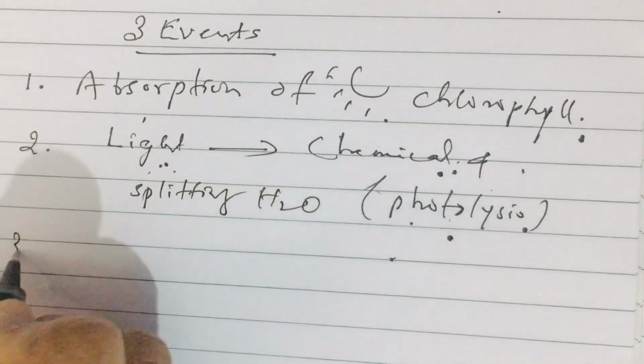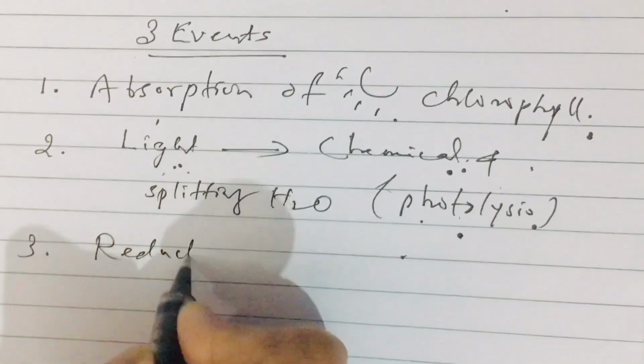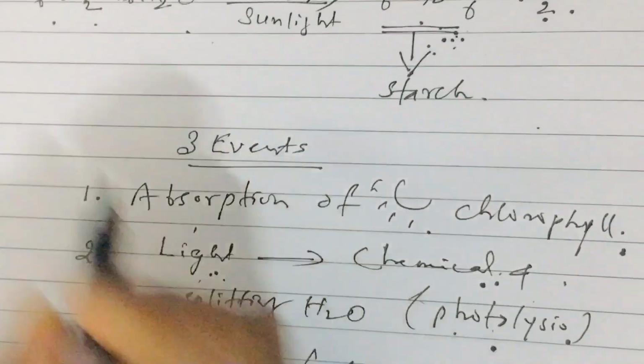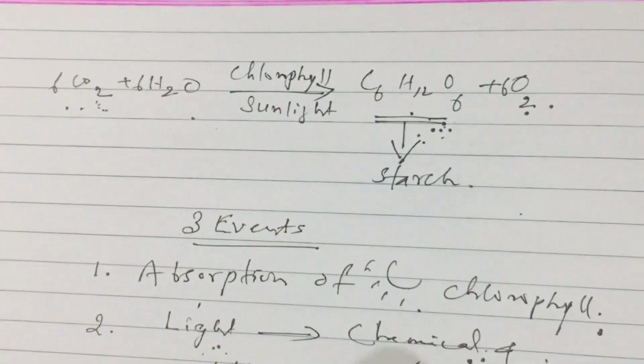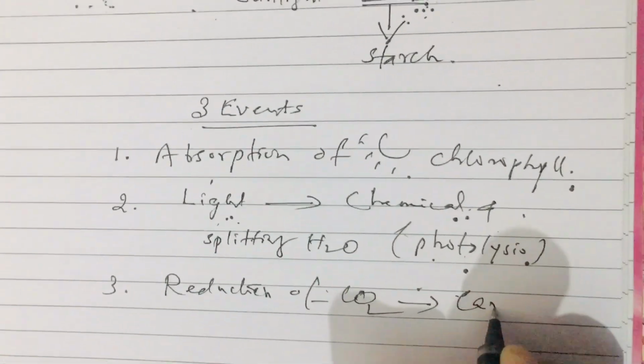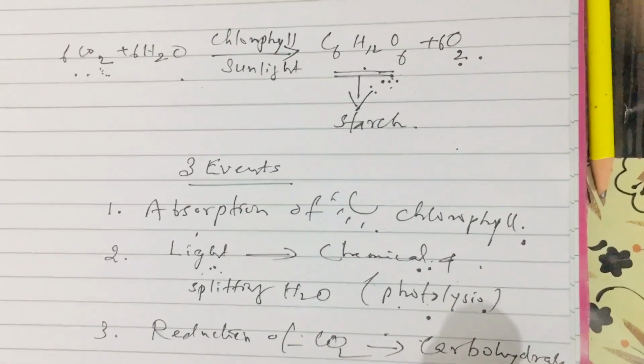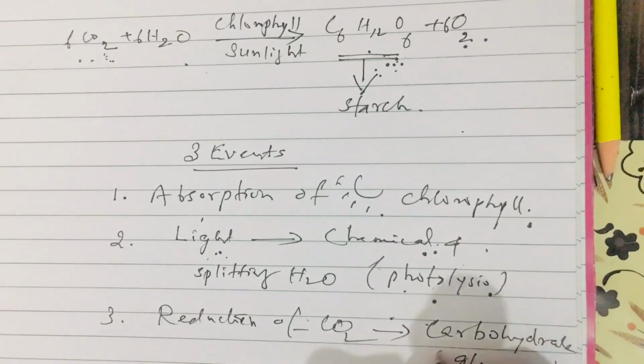And the third one is reduction of carbon dioxide, one of the reactants, into carbohydrate. Which is the carbohydrate produced here? Glucose, isn't it? Glucose, the simple form of carbohydrate.